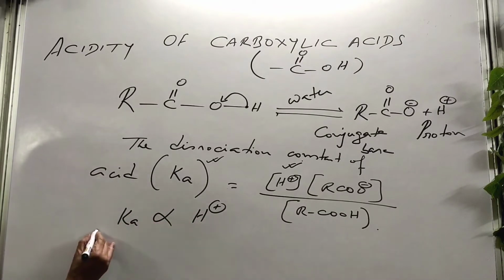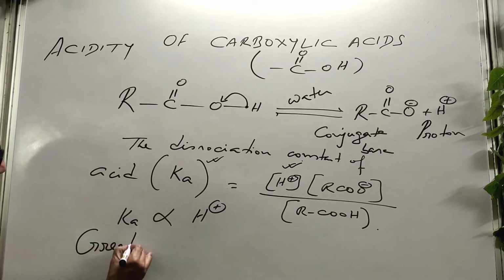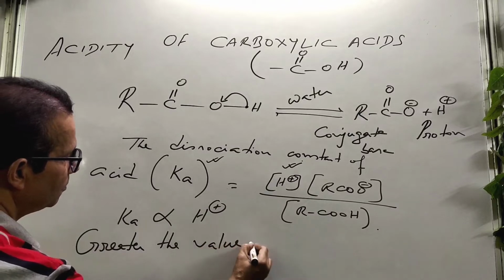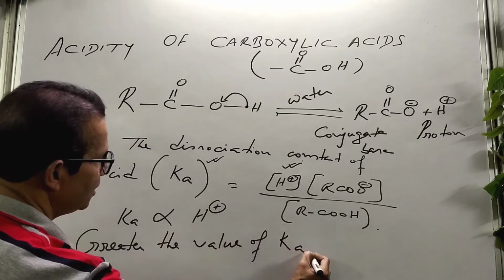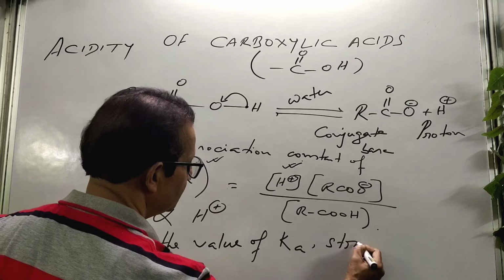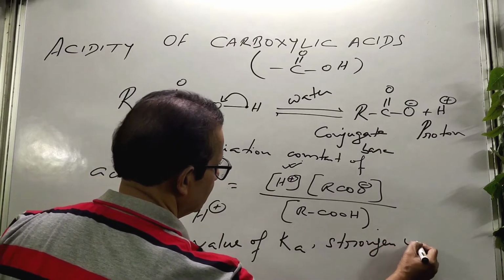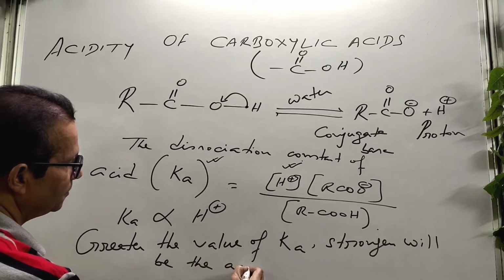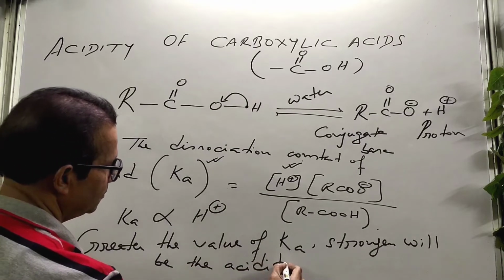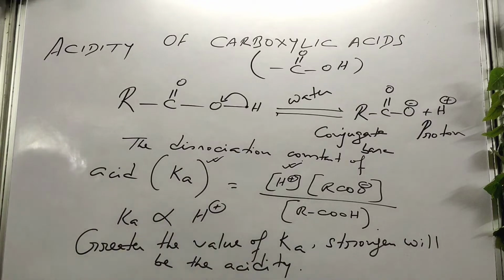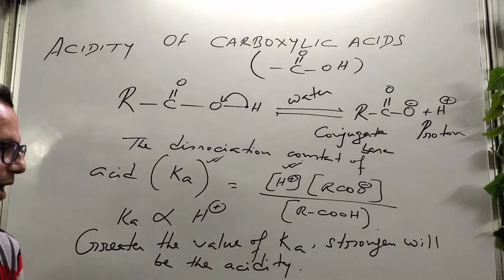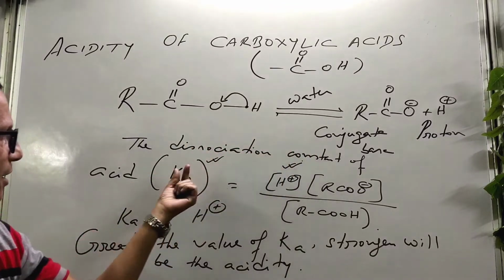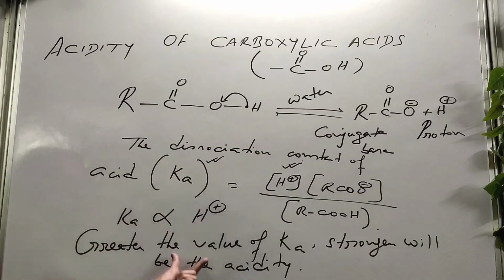That is, you can write, greater the value of Ka, stronger will be the acidity. So we can measure the strength of an acid in terms of dissociation constant of acid, that is Ka.